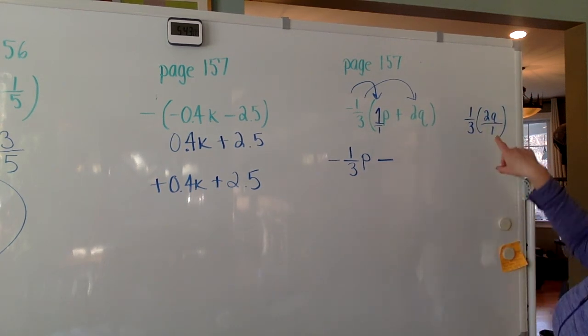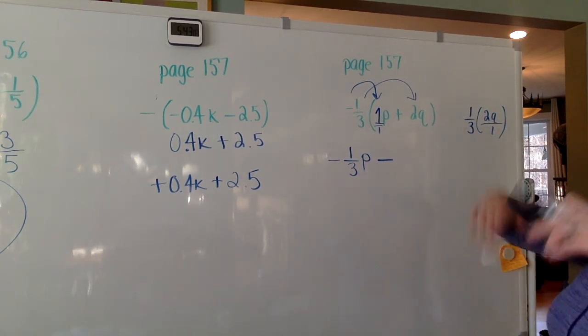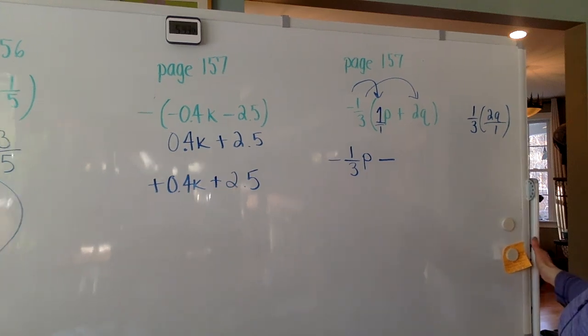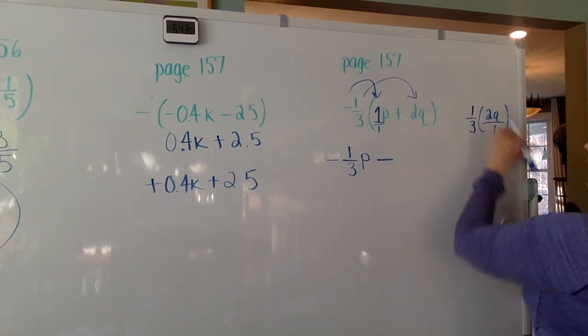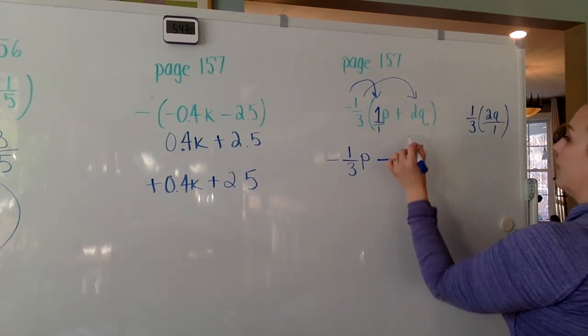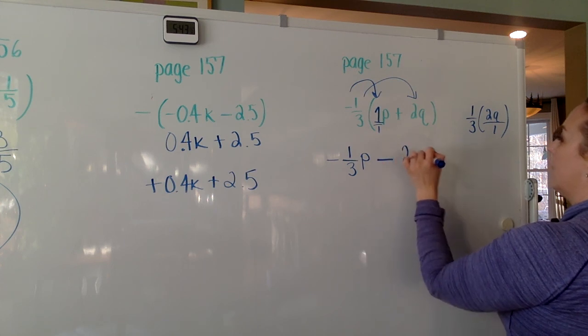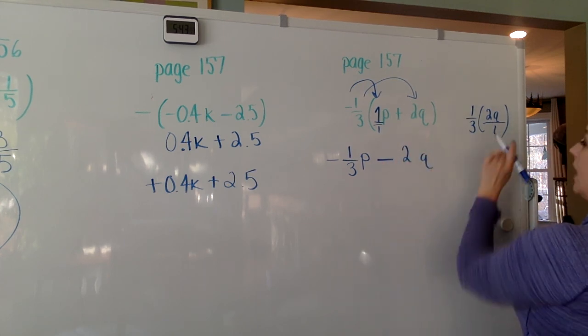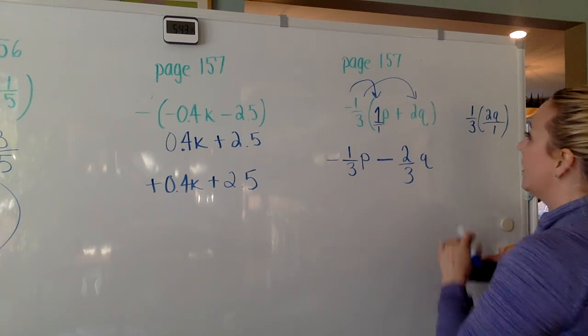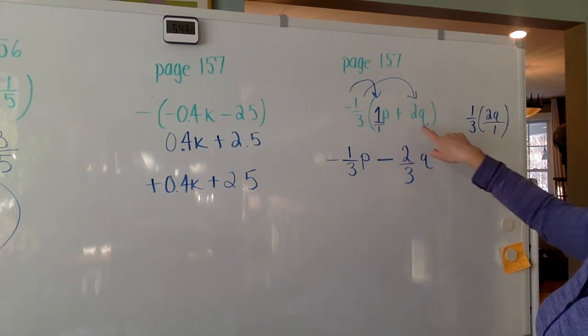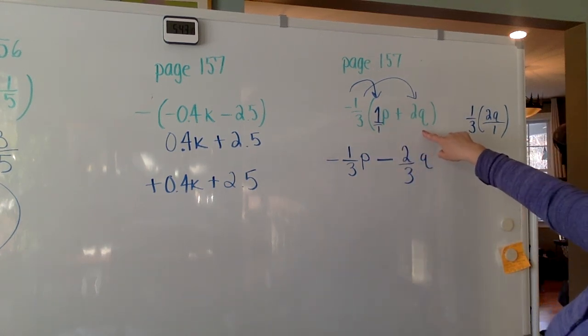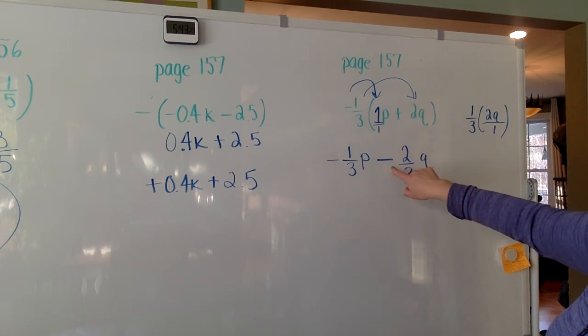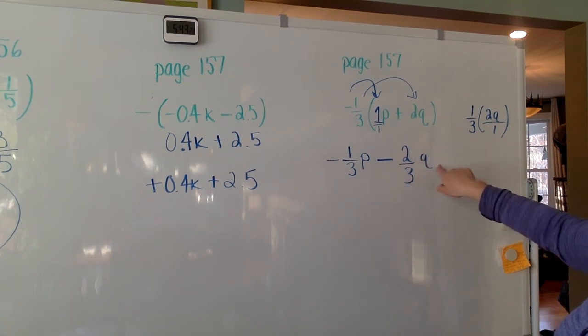Notice I just put my 2Q over 1 just to keep my numerators and denominators lined up. 1 times 2Q is 2Q. 3 times 1 is 3. So negative 1/3 times positive 2Q is negative 2/3 Q.